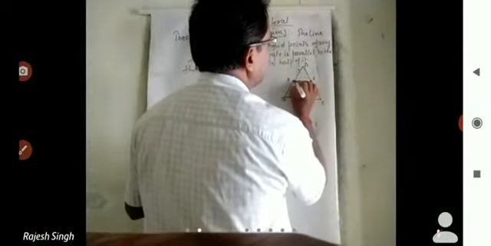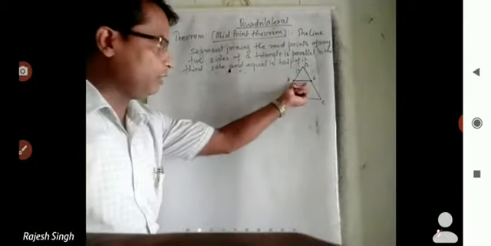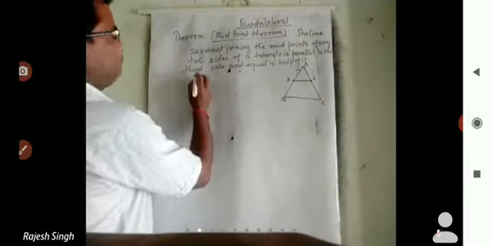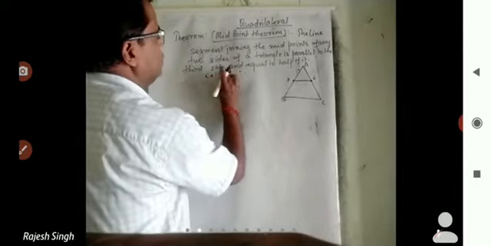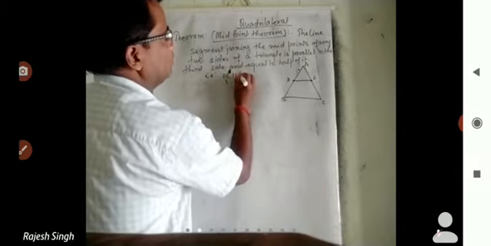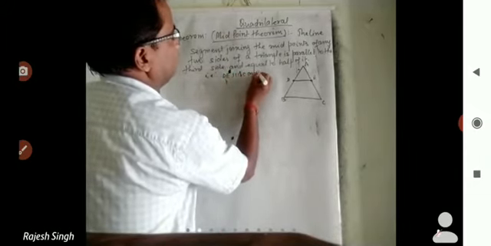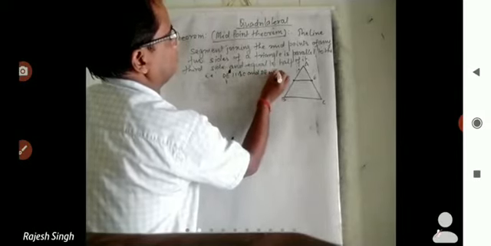Then this line segment DE is parallel to BC. If we write it in short, DE is parallel to BC and DE is equal to 1 by 2 BC.